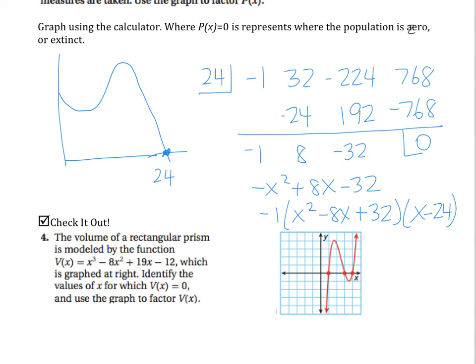If I do my b squared minus 4ac, you get 64 minus 128, and you see that that's going to be imaginary.